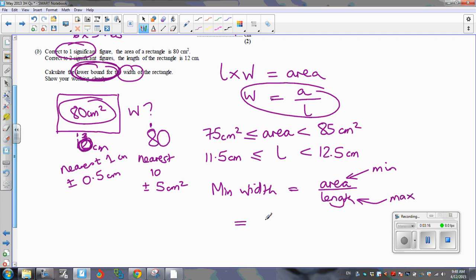So the minimum area is 75 square centimeters. The maximum length, which is going to give me the smallest possible width, is 12.5. Now if I do 75 divided by 12.5, I get 6 centimeters. So the lower bound for the width is 6 centimeters.